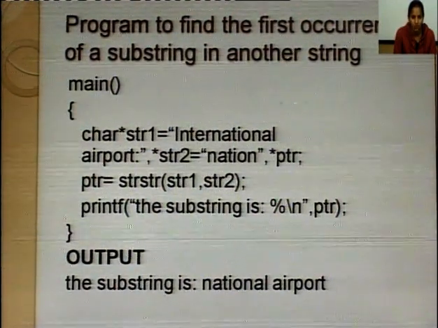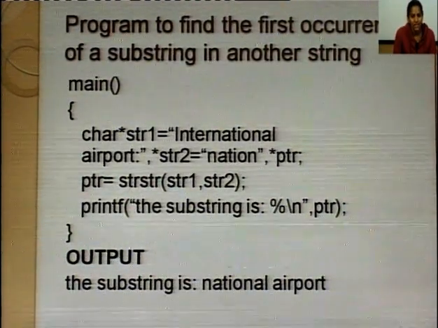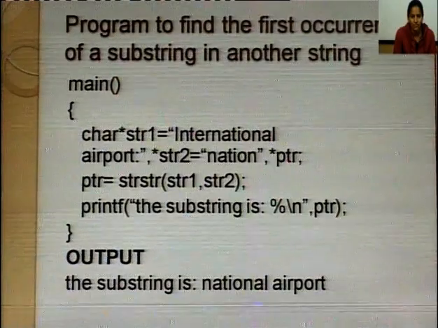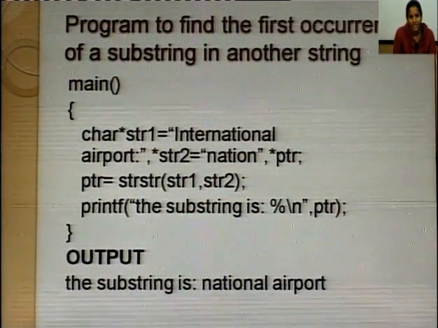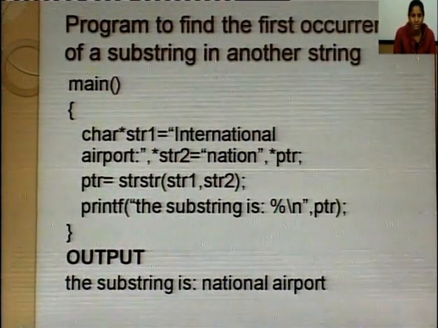str1 is our source in which we want to find the first occurrence, and str2 is the substring we search for. Here str1 is international airport and str2 is nation.